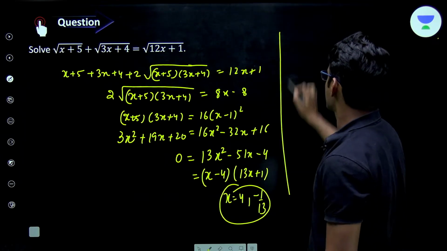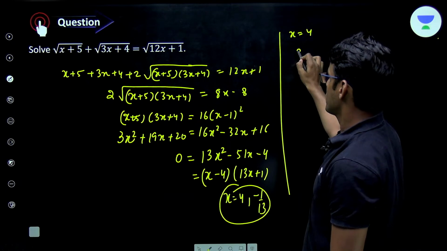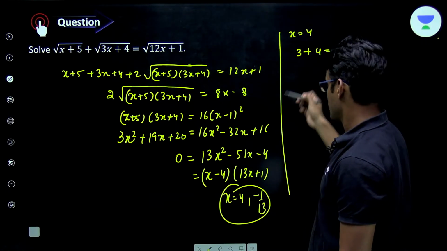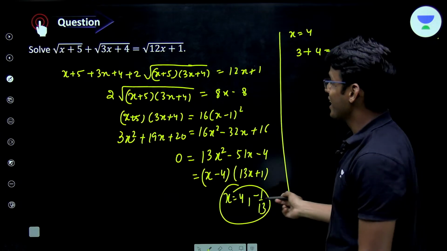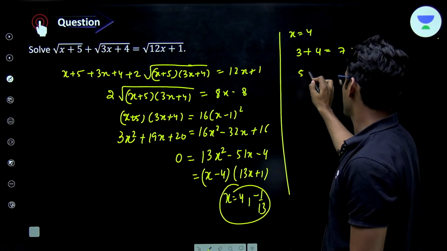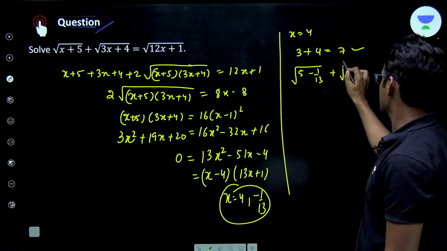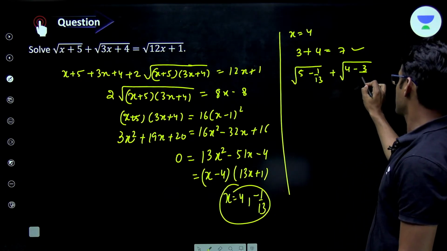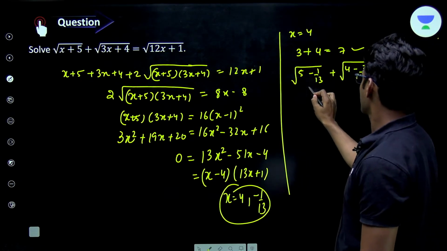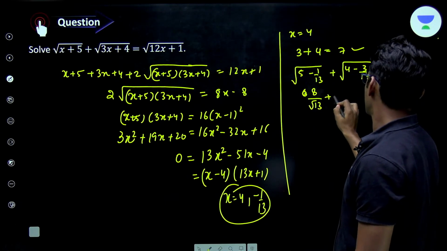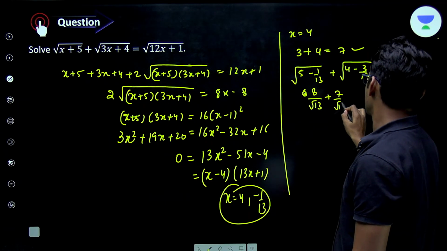So if I put x equals 4, what do I get? 3 plus 4 equals 7. This is right. Now this is a very problematic thing, right? x equals minus 1 by 13. So 5 minus 1 by 13 plus 4 minus 3 by 13. Now what do I get? 68 by root 13 plus 7 by root 13.